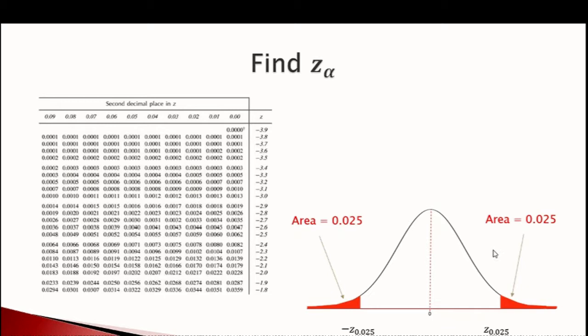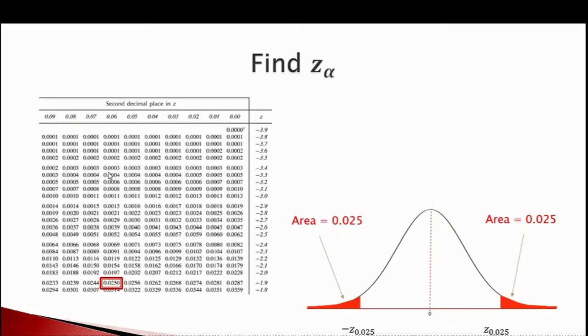Okay, so if you focus on the tail to the left, 0.025, and you go inside the table to find the area equal to 0.025, with a bit of searching, you can see that it lies right here. You match it out to the right, you see the corresponding z value is negative 1.9.